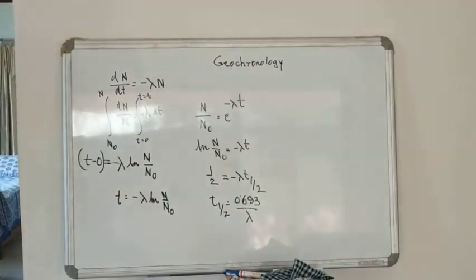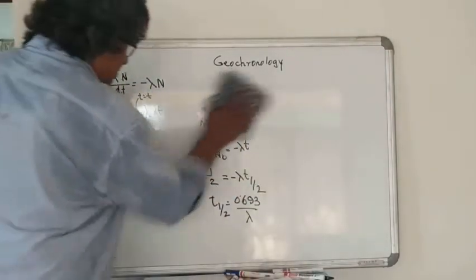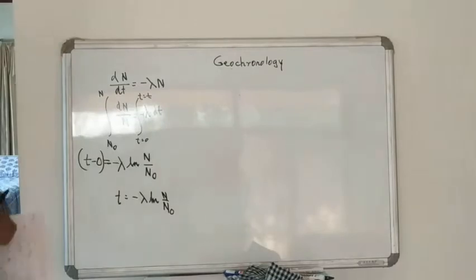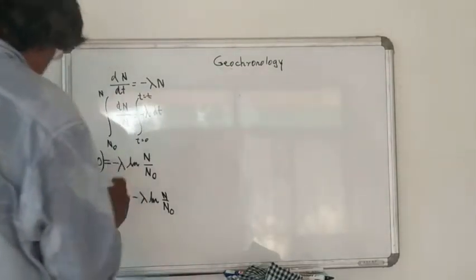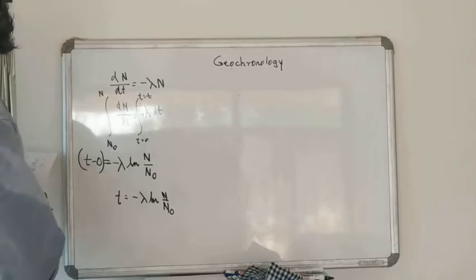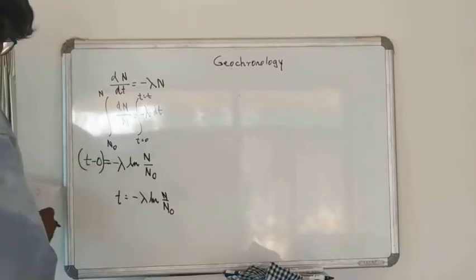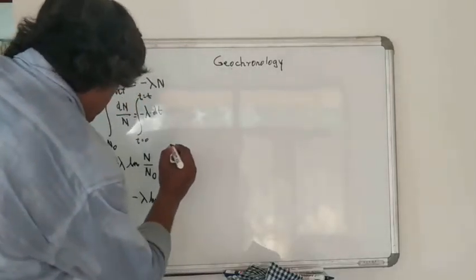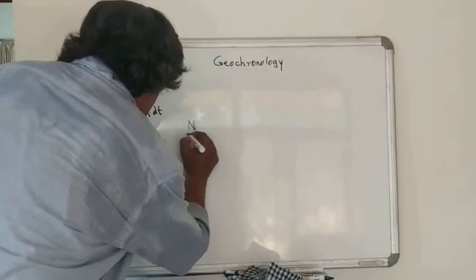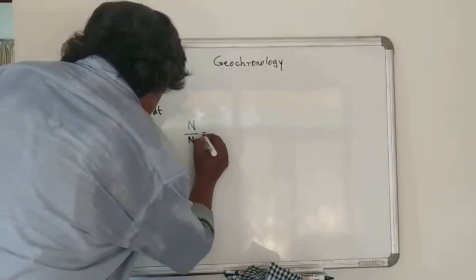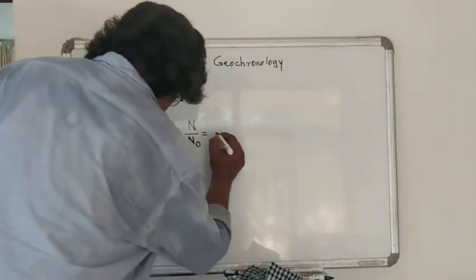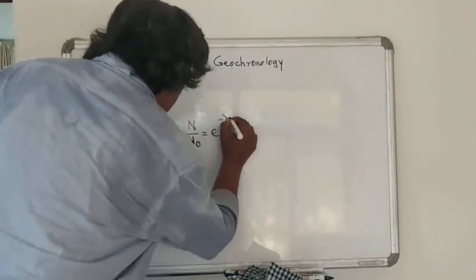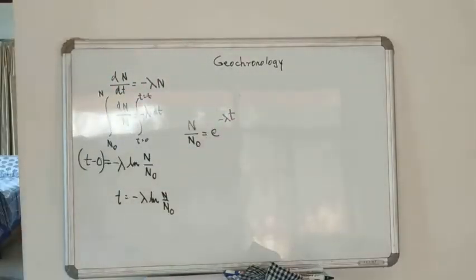Okay, but another equation is derived, and that is more important to us. And this is this equation. N by N0 is equal to e to the power minus lambda t.